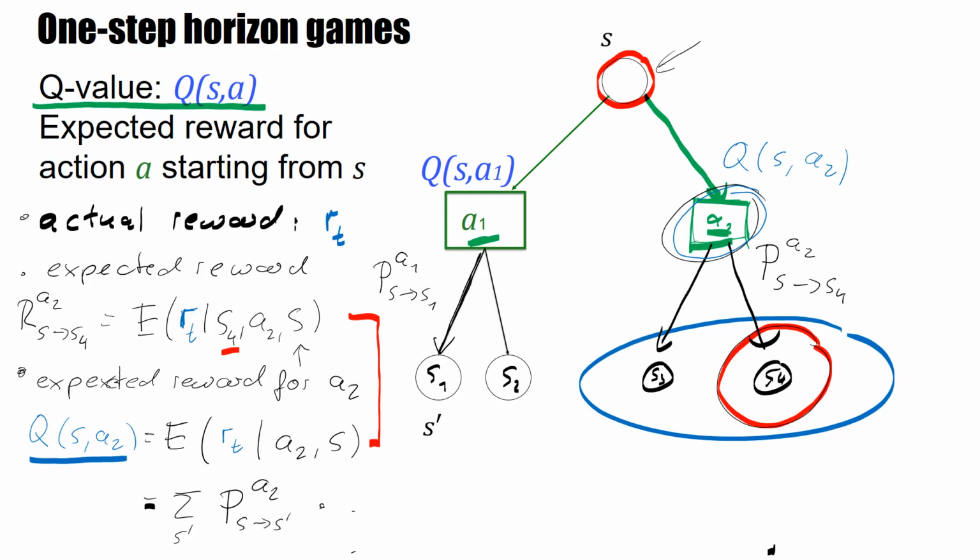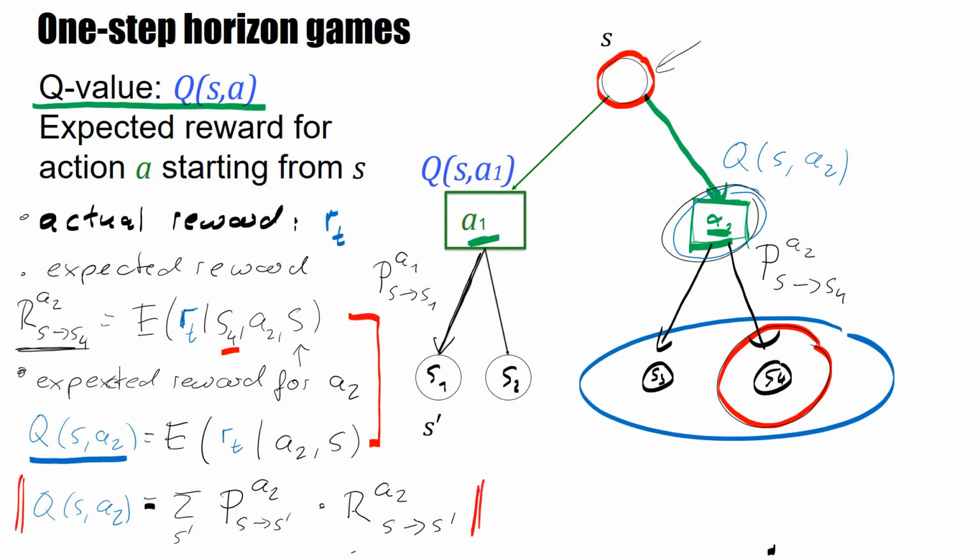And then we take the reward for this specific transition, and that's R under A2 for S to S prime. So this is my Q value, Q of S, A2, and that's the end of the calculation.